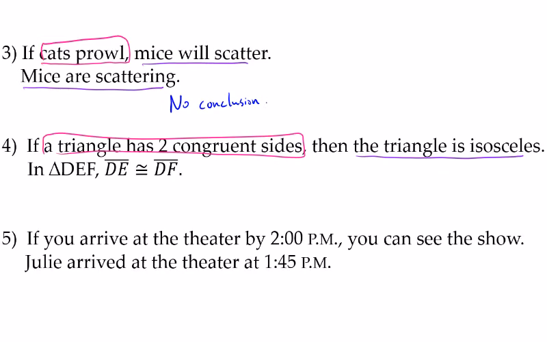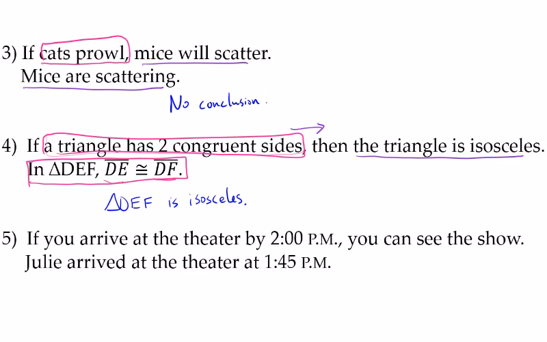What we're given here is in triangle DEF, side DE is congruent with side DF, right? Those are two sides of that triangle. So we have two congruent sides in a triangle, and that matches up with the hypothesis, so we can conclude that the conclusion must be true. All right, so triangle DEF is isosceles.